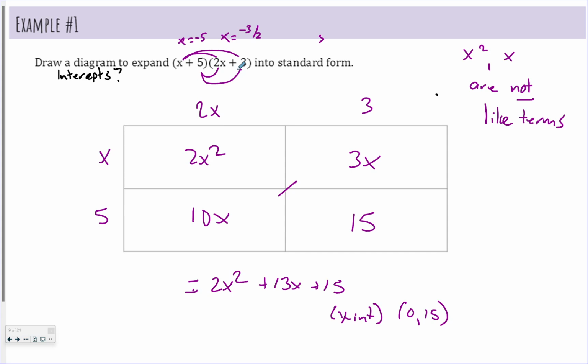So knowing factored form first certainly helps get you to standard form. So now here's my question. Is it possible to go the other direction? Can I take standard form and go backwards into factored form? Yes, you can. More on that in a few lessons. We call that factoring.